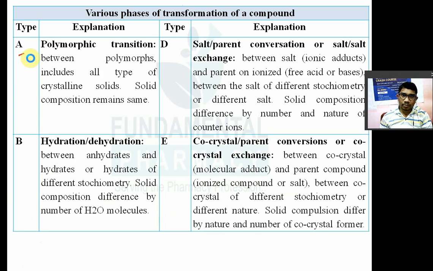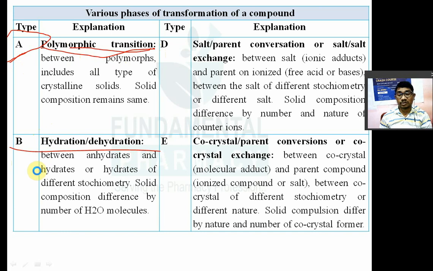Phase A of compound transformation. That is nothing but the transition between polymorphic with different polymorph. Polymorph के बीच में जो changes हो रहे हैं, one polymorph is converted into another polymorph. So that transition is given by phase A transformation of molecule. Phase B hydration dehydration जो होता है ना, so that is given by phase B transformation.